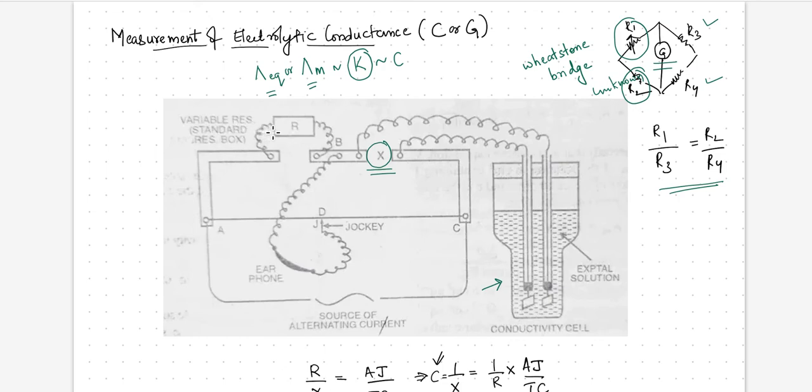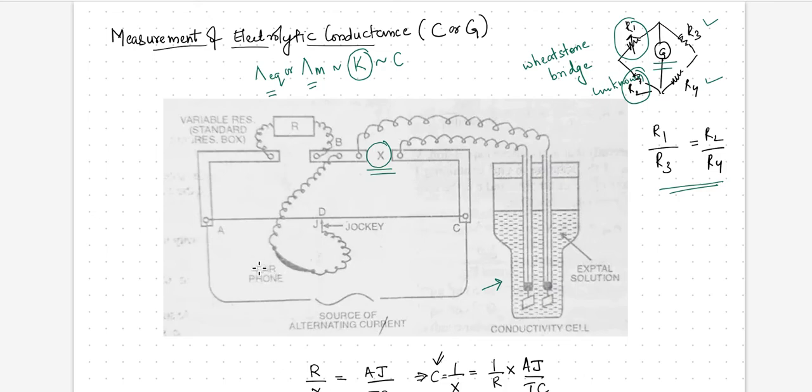We have a variable resistance here, which we can keep on changing. Then we have a rod connected to a galvanometer, and a point which you can move until you get a null point.